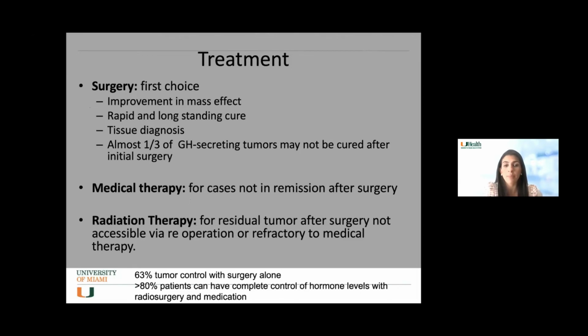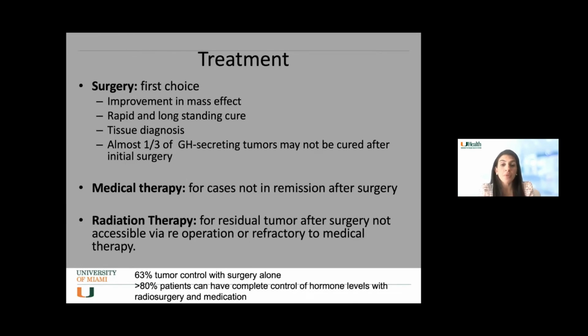What you want is a rapid and long-standing cure, right? Obviously, tissue diagnosis is important. We send that off to the pathologist. We do look at certain levels to see whether the Ki-67 might be elevated, to assess recurrence rates. But most importantly, you want to get a long-standing cure in terms of the hormonal component.